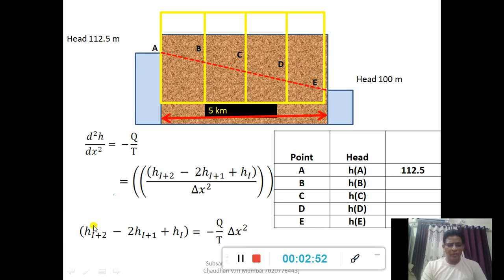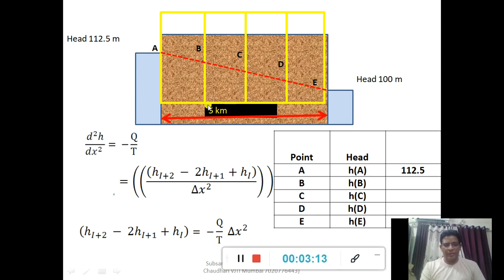Now, write the equation for node E, node D and node C with the help of the finite difference forward scheme.